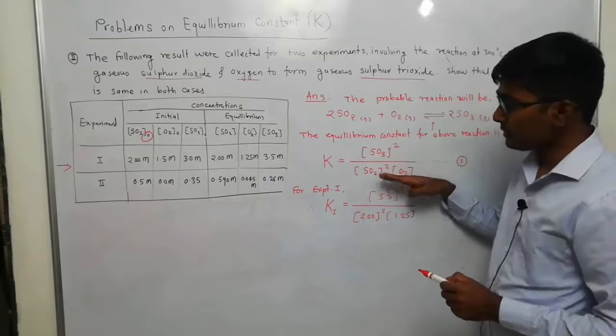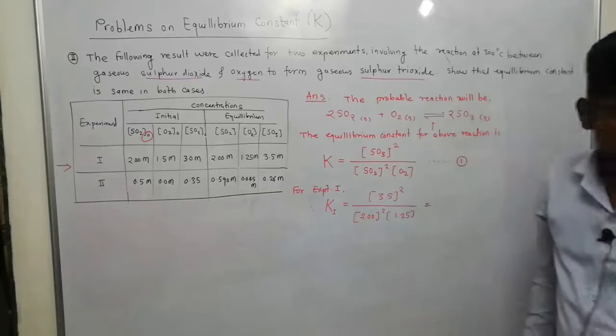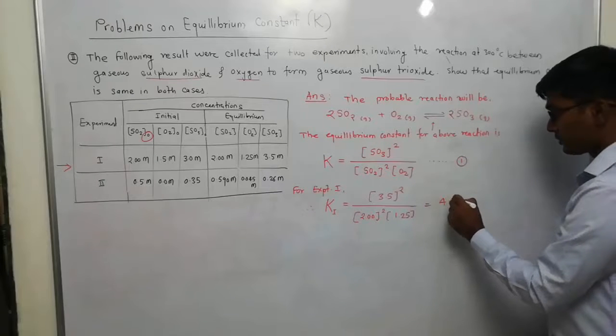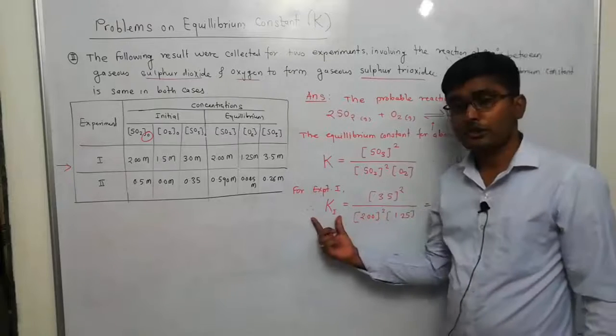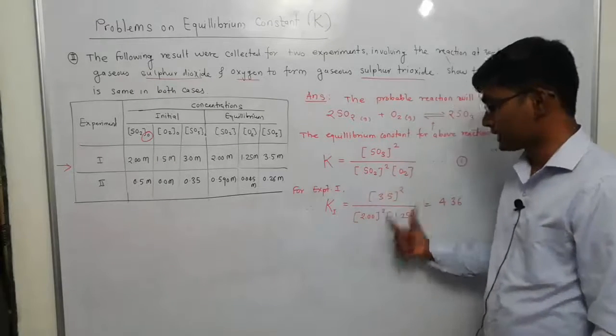Clear? So if we solve this, its value comes to around 4.36. The equilibrium constant has no unit, because it is a ratio of the same two quantities.